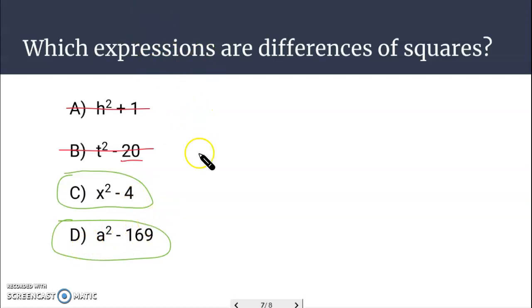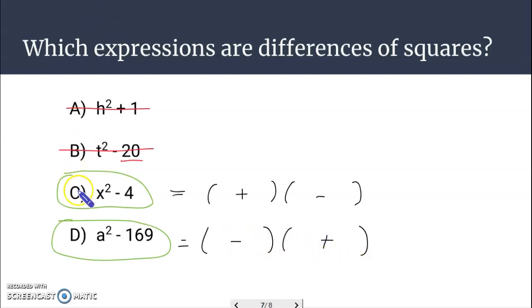Now, even though the problem's not asking for it, a little practice here with factoring: we can factor c, something plus, something minus. We can factor d. I'll write that one as the minus first and then the plus. And to find these, all we need to do is take the square root of each thing. The square root of x squared is x. The square root of 4 is 2. So this factors into x plus 2, x minus 2.